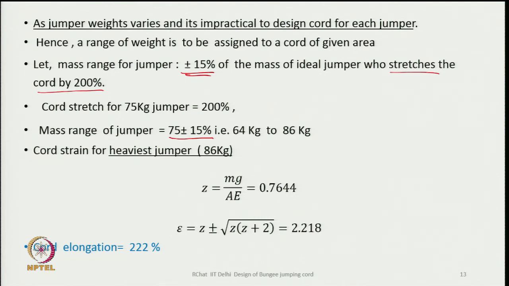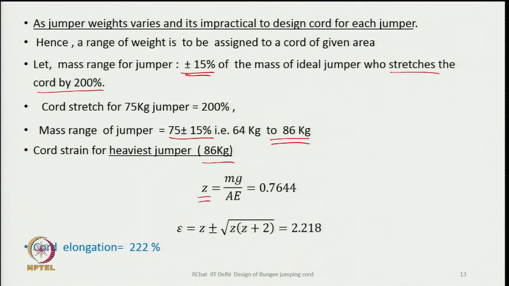So, 75 kilo and above, 75 kilo and less, there is no issue, but for more weights we have to find out whether it will be able to satisfy or not. Now, the cord strain for the heaviest jumper is Z equal to mg by AE.